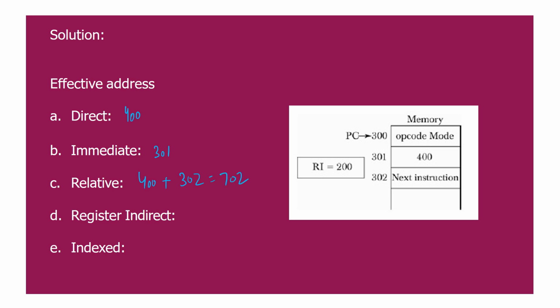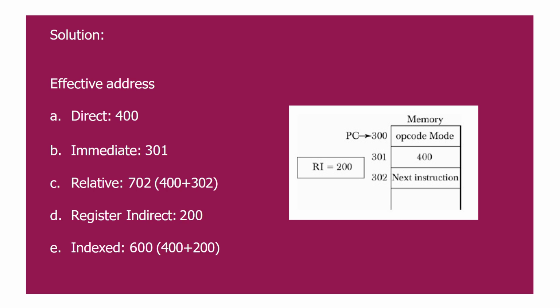Register indirect means this 200 will be used as the effective address, and in case of indexed addressing mode, the value will be 400 plus 200, because we have to use this R1 value as the index register only. So it will be 600. So let's tally the answers. Direct is 400, immediate is 301, relative is 702, register indirect is 200, and indexed is 600.